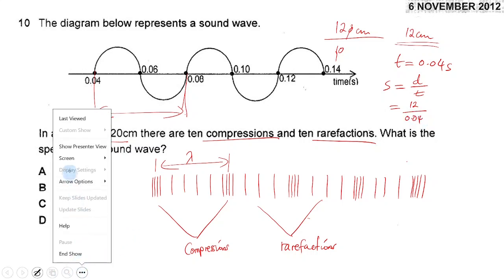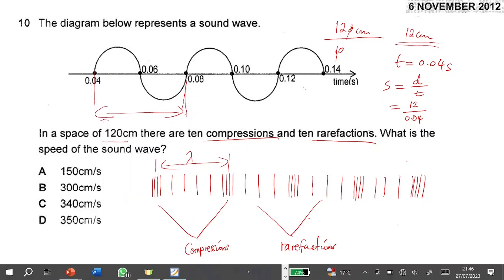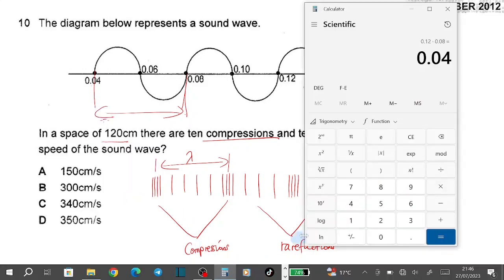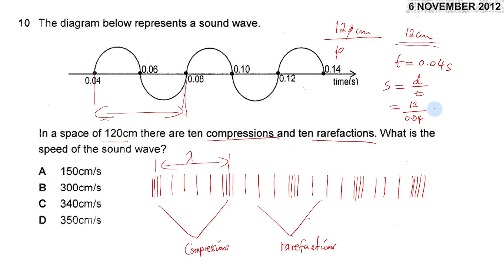You get your calculator and say 12 divided by 0.04, which will give you 300. This is in centimeters and this is in seconds, so it will be 300 centimeters per second. So the answer will be B.